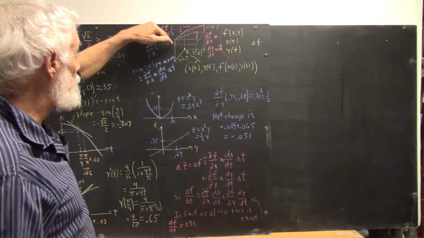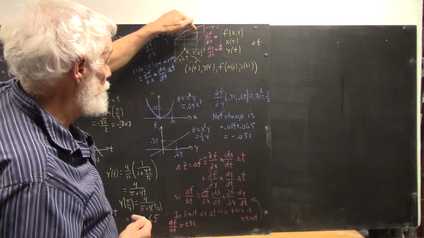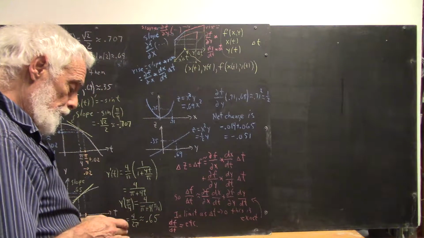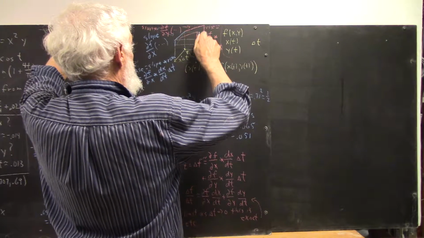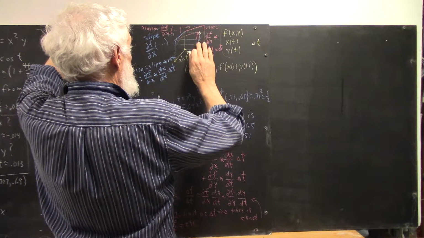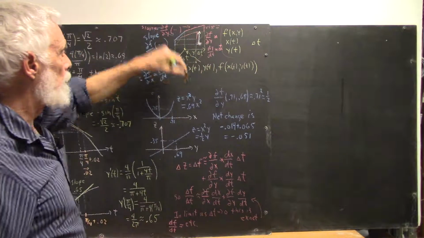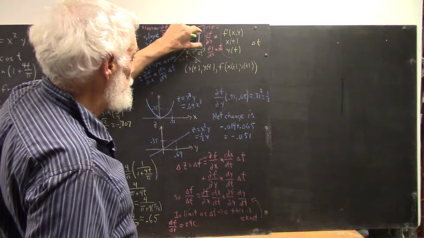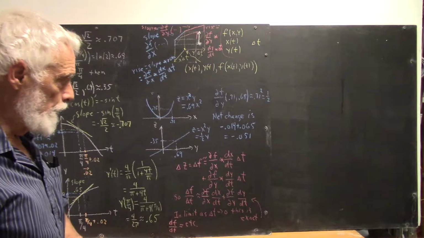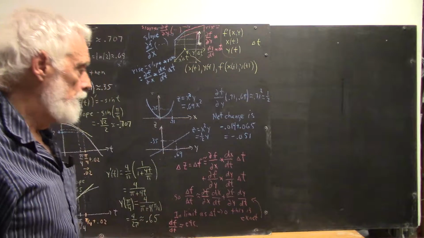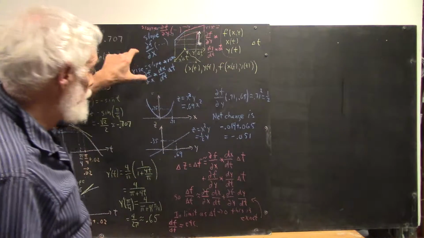So now we have the rise due to x and the rise due to y, and they stack on top of each other, so we get the total rise. And I probably ought to make that a one-directional arrow. Okay? So, this rise plus this rise gives us the total rise. So we say that the change in z is equal to this rise here plus this rise here.